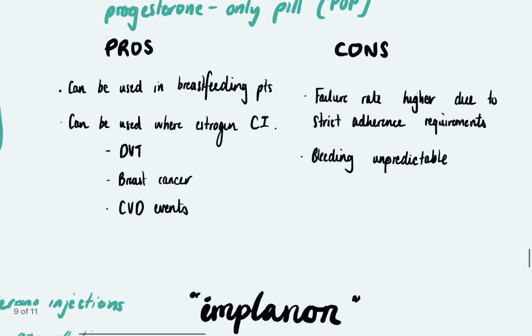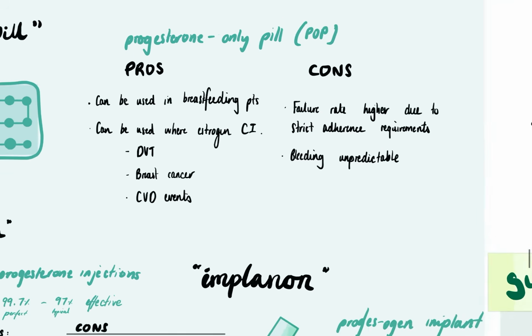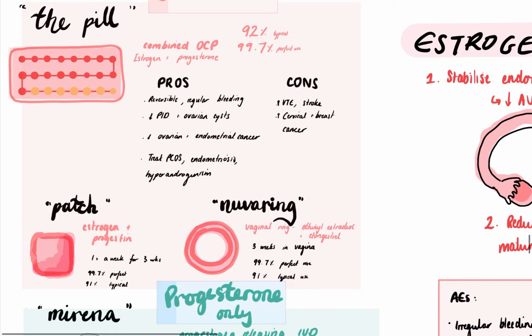Some cons are that the progesterone-only pill very specifically has to be taken at the same time every day. And if you don't take it, it will lose its efficacy. As opposed to the combined oral contraceptive pill, the COCP, where if you don't take it for a day, as long as you take it the next day, even if it means doubling up your pills, you will usually still be covered.